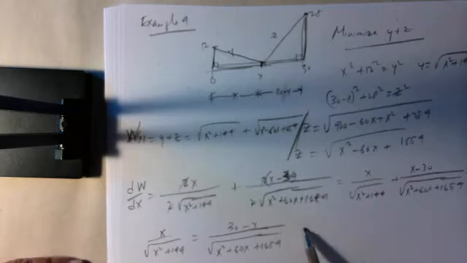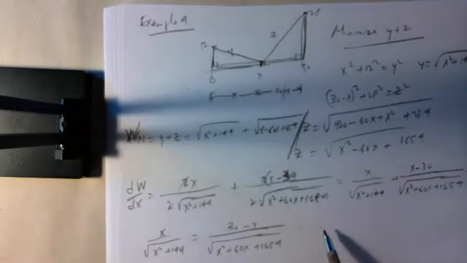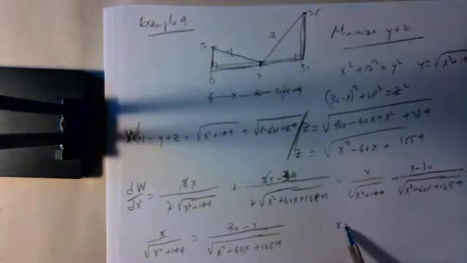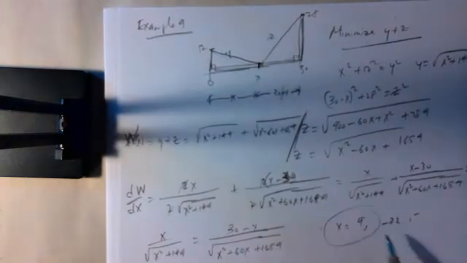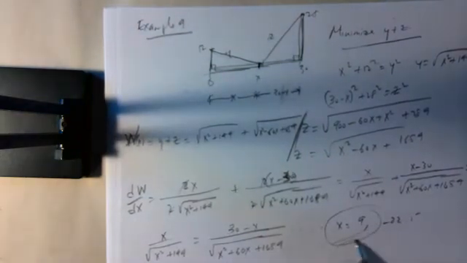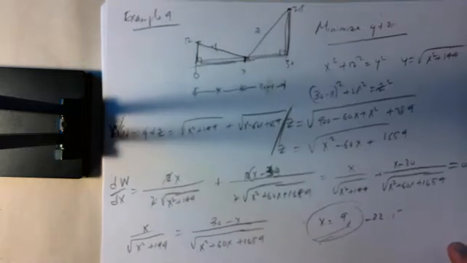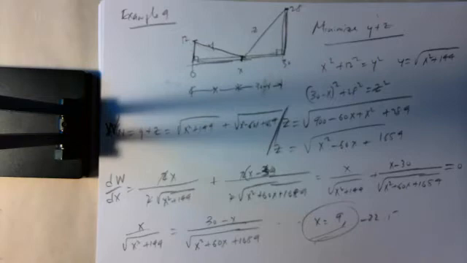And so you do some algebra, it's all done in the text, and you get two values for x: 9 and minus 22.5. And you don't want a negative number, you want a positive number. So x equals 9 has to be the solution. Okay. Any questions about that?